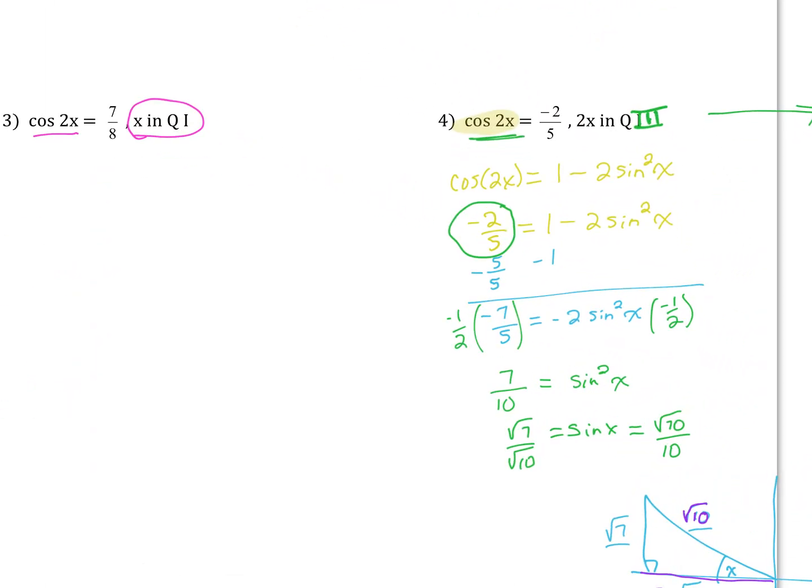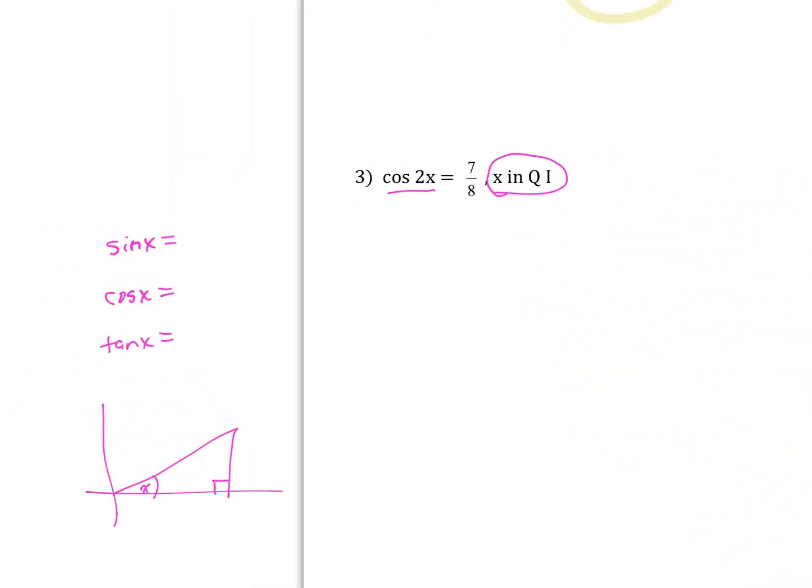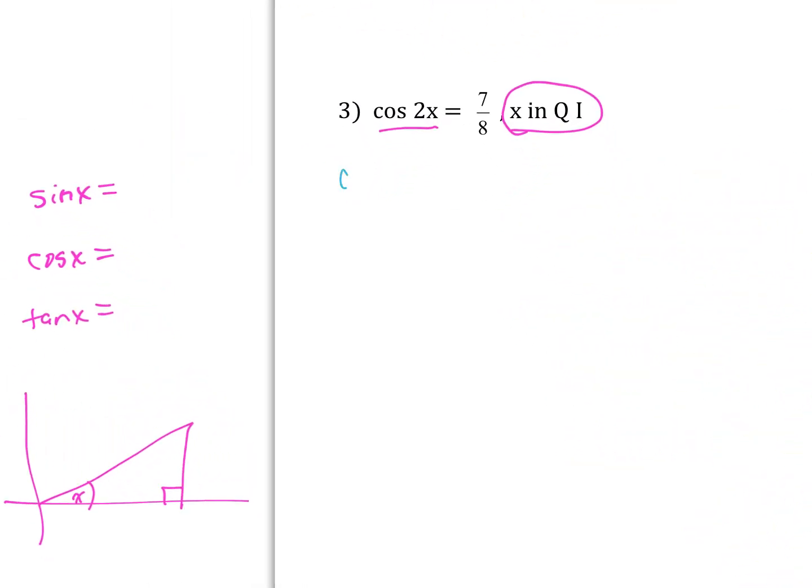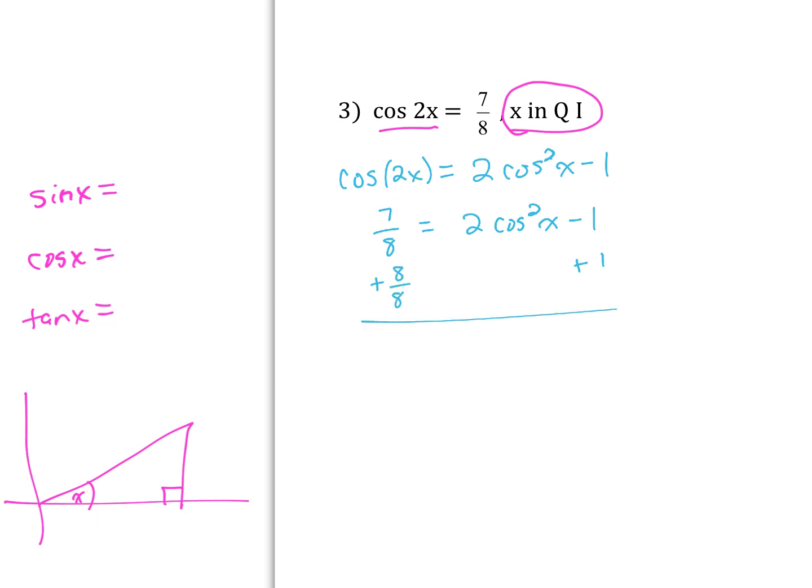Okay, so because I used the 1 minus sine squared formula there, I'm going to use the other one here. So cosine of 2x is equal to 2 cosine squared x minus 1. So I'm going to plug in. Okay. So I need to add that 1, only over here I'm going to add it with that common denominator.